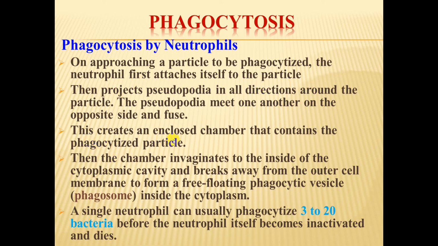This creates an enclosed chamber that contains the phagocytized particle. Then the chamber invaginates to the inside of the cytoplasmic cavity and breaks away from the outer membrane to form a free-floating phagocytic vesicle, which we call a phagosome, inside the cytoplasm.